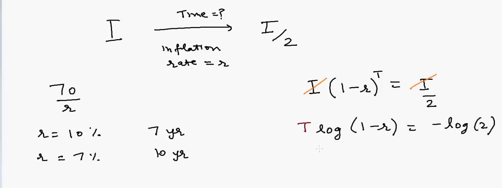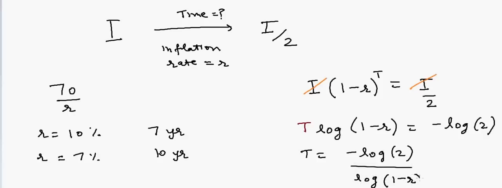So T will be equal to minus log of 2 divided by log of 1 minus R, right? So instead of doing this complicated calculation, we can use this trick, but let's do this complicated calculation in Excel and see how this trick was made.